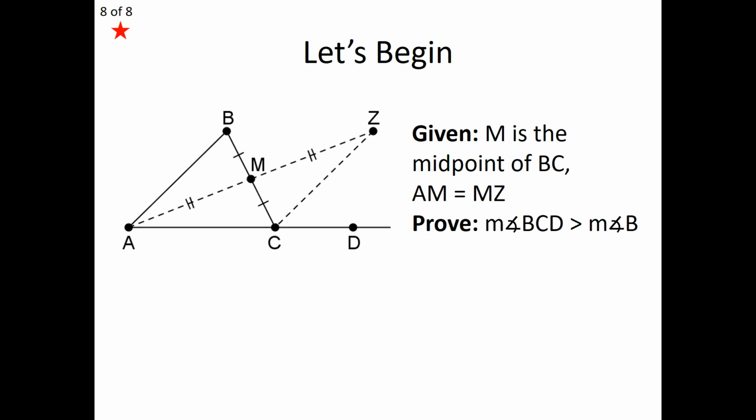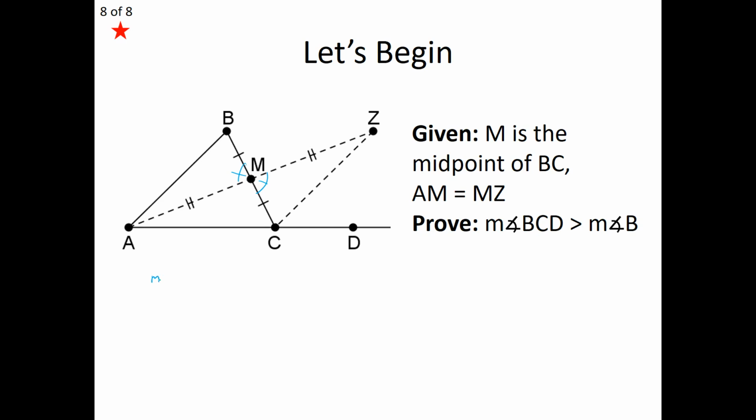Notice then that there are two triangles here in which two sides of the first are equal to two sides of the second. Take a look specifically at triangle ABM and CZM. Those two triangles are provably congruent. Here's why. We already have two sides of the first equal to two sides of the second. Look at our pair of vertical angles there.